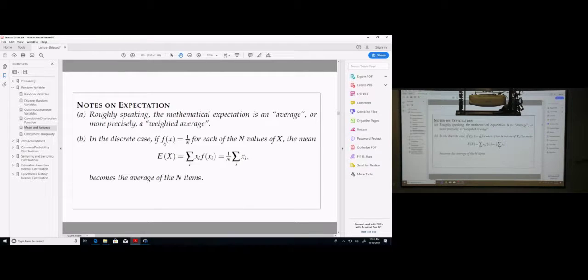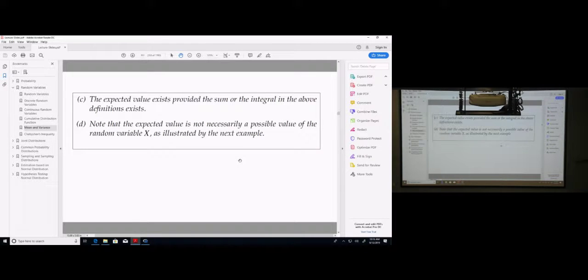Now, in the discrete case and in the event of equally likely outcomes, this is just 1 over n, and so you will basically take the average of all the n possible values of the random variable. So here we are going to compute some of this.